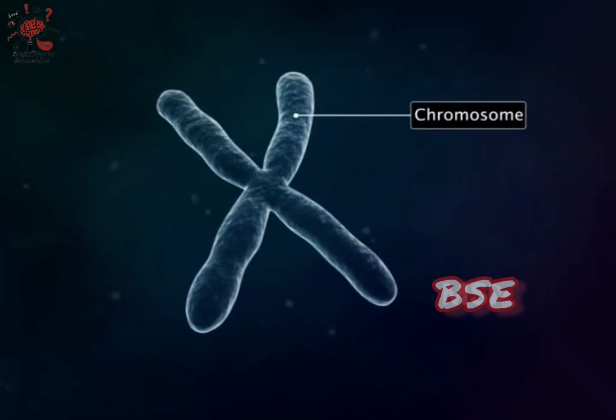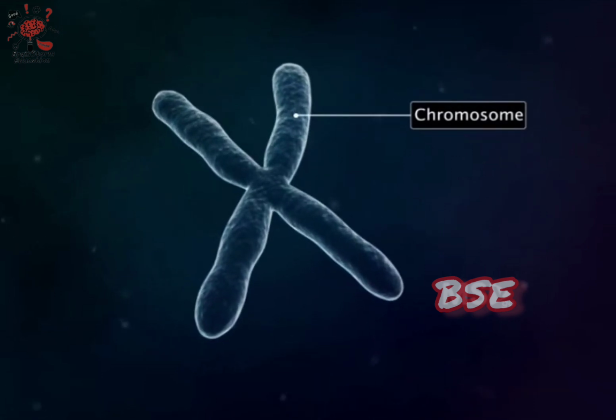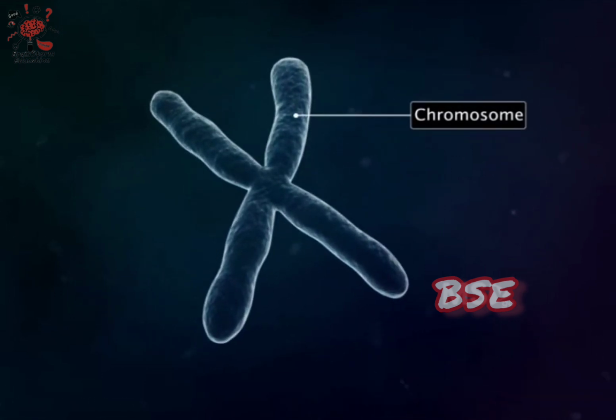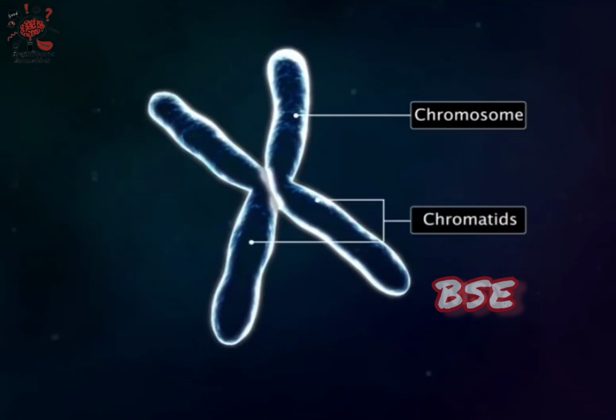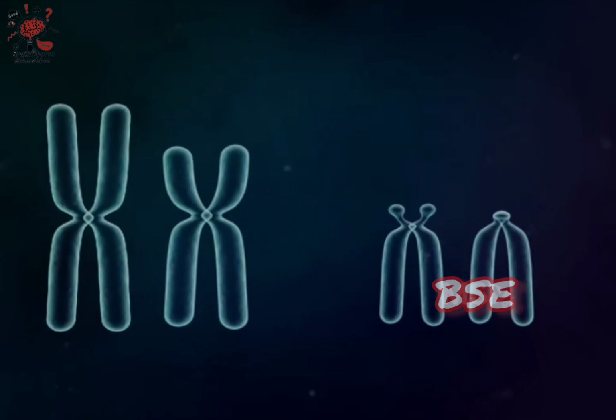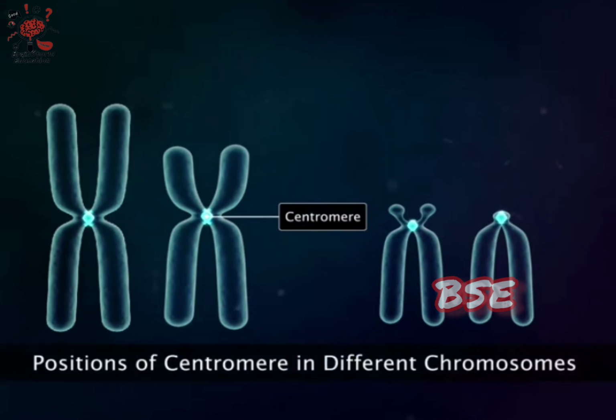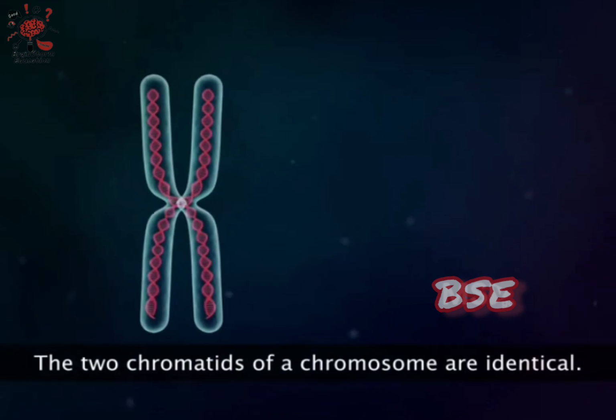This is a typical chromosome structure seen in a dividing cell. The two portions of this chromosome are called the chromatids. The chromatids are attached at a place called the centromere. The position of the centromere varies in different chromosomes. The two chromatids of a single chromosome are identical to each other.